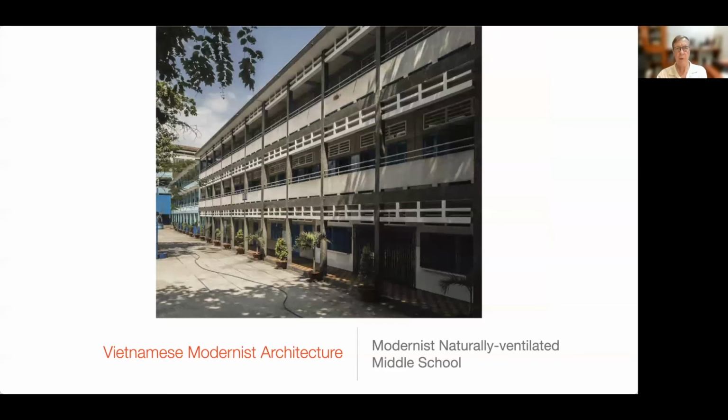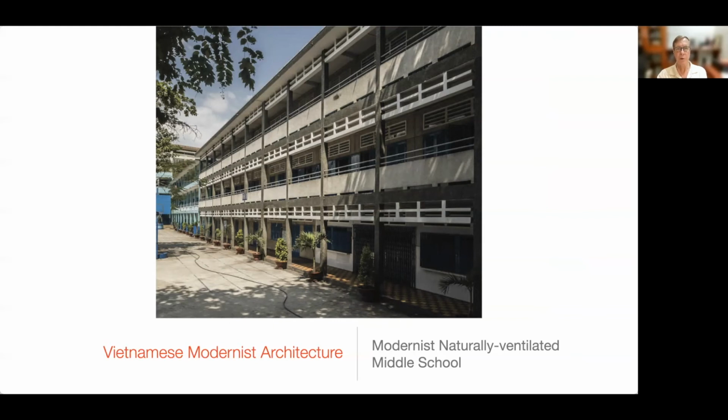Even today, Vietnamese public schools are rarely air-conditioned, relying upon natural ventilation and double wall construction to shade the exterior walls and openings. Although it is a mid-century design, the Lê Lợi Middle School is a good model for what is being constructed for schools in Vietnam today.